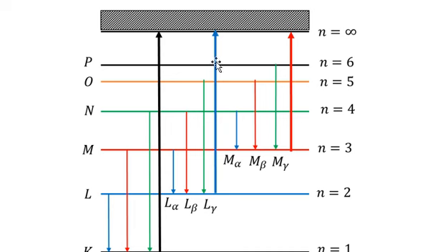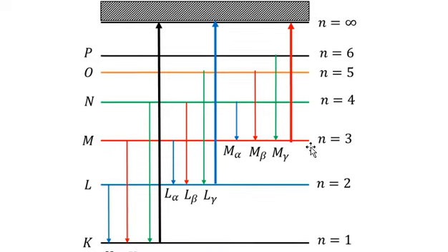And the ionization energy for different levels is indicated by these thick arrows. For example, these thick black arrows indicate that an electron from the K shell has been removed. And this blue upward arrow indicates that an electron from the L shell has been removed. And this red arrow starting from n equal to 3 indicates that an electron from the M shell has been removed.